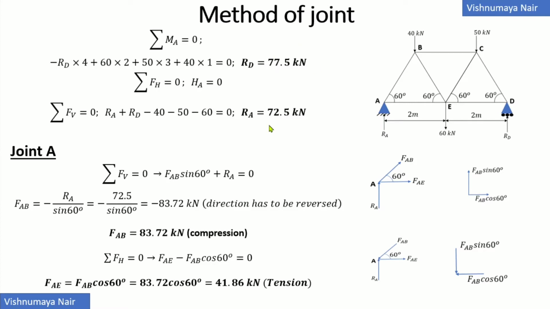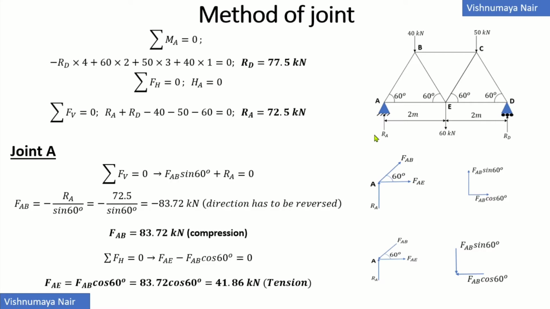Let us now consider the equilibrium of the forces. So summation FH will be equal to 0. Here you can see that there are no horizontal forces in any of the joints. So the horizontal reaction at joint A due to hinge support will be equal to 0. That is, HA will be equal to 0. Now summation FV will be equal to 0.